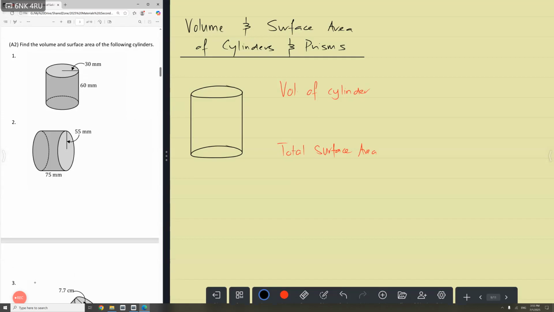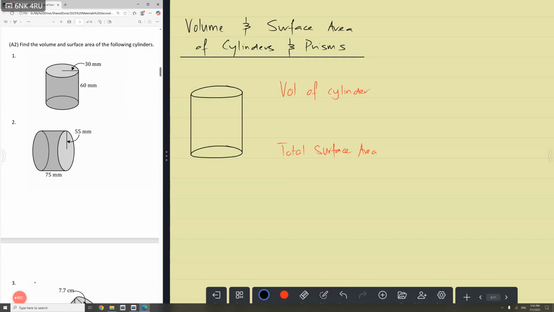What you see in front is a cylinder, and on the left side there are two sample cylinders in the question. Okay, so cylinders and prisms, they both are uniform shape solids. Uniform shape meaning their height.